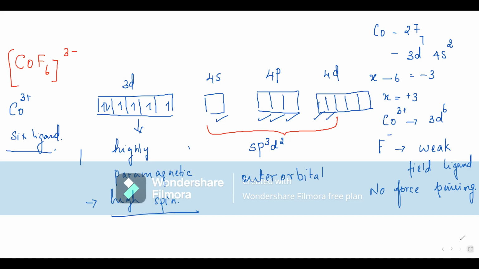Now the next example, which probably you can work out when you get time, is Fe(H2O)6 3+. The charge on Fe is 3 plus. These are the clues that I'm giving you. And regarding the strength of the ligand, aqua is a weak field ligand.